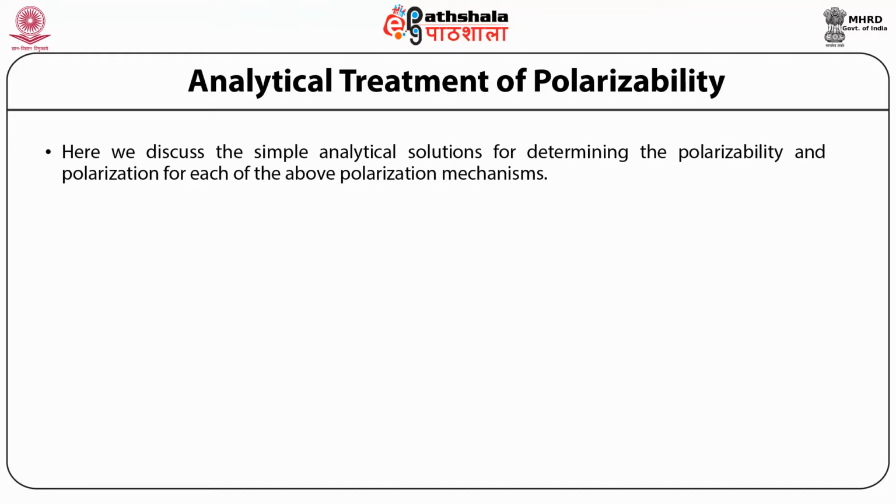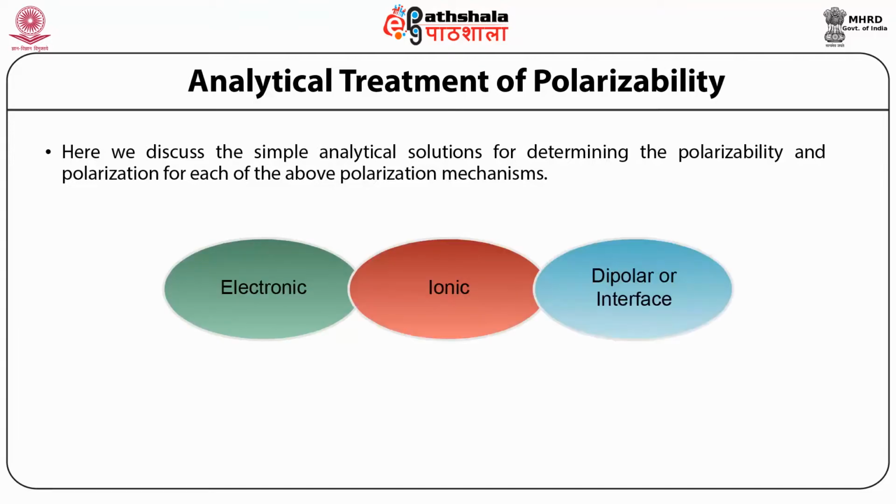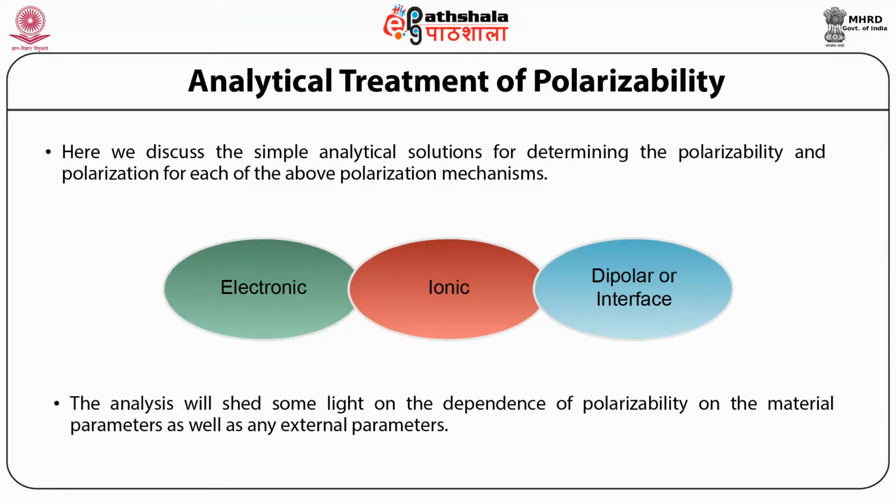Here we discuss the simple analytical solution for determining the polarizability and polarization for each of the above polarization mechanisms, which we talked about in the previous slides: electronic, ionic, dipolar and interface. The analysis will shed some light on the dependence of polarizability on the material parameters as well as any external parameters.